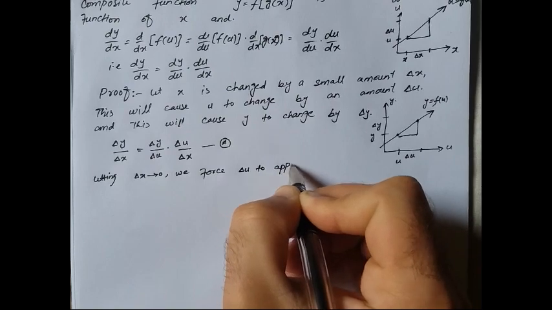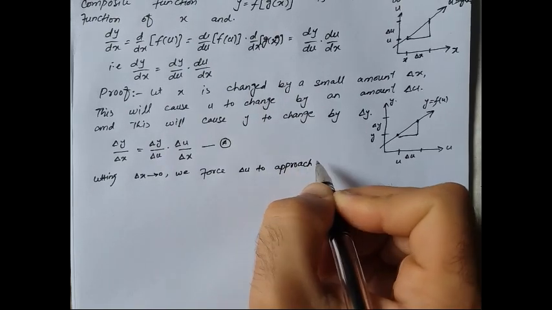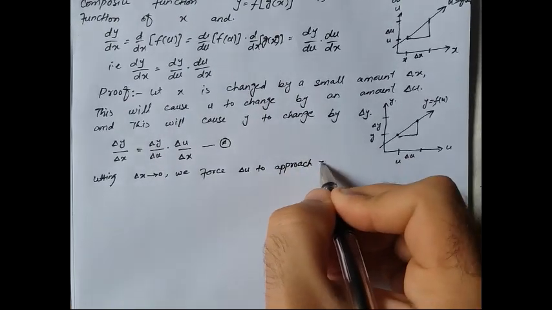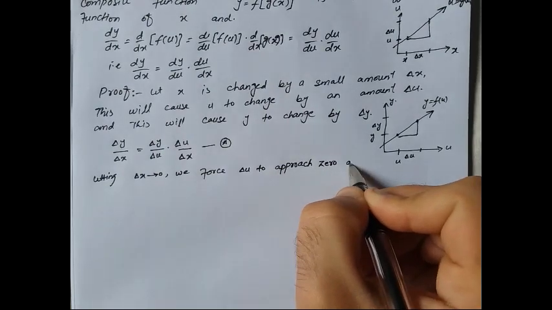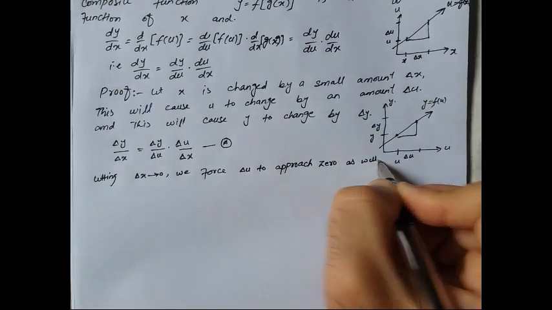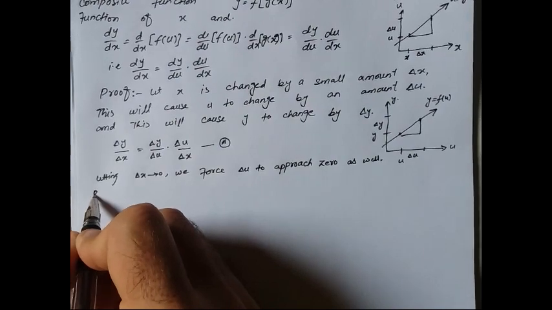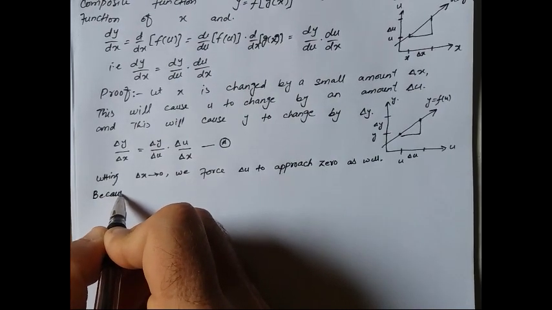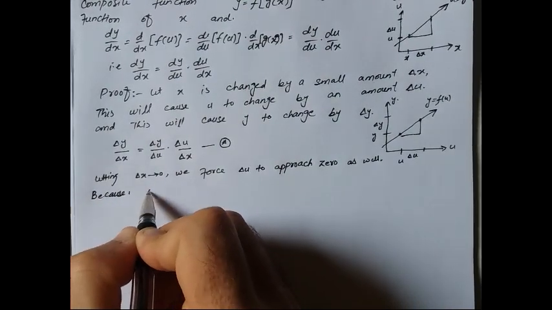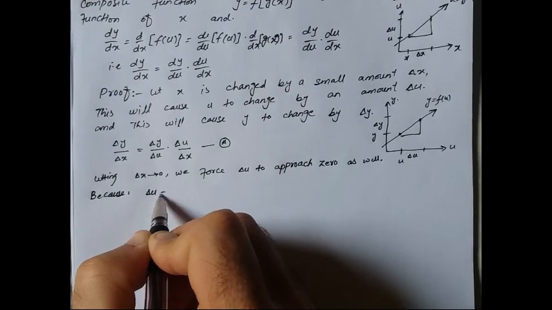This means that when delta x approaches 0, automatically delta u approaches 0, because delta u is equal to delta u multiplied and divided by delta x.